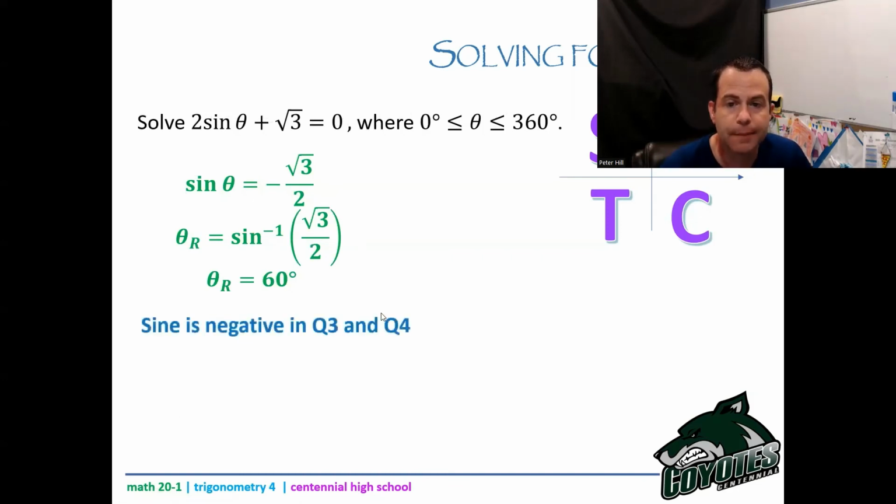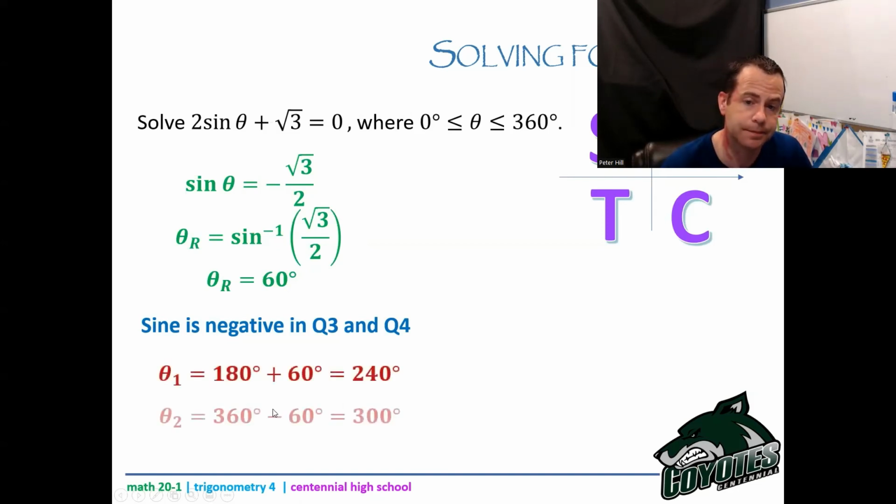So if I apply my reference angle to quadrant 3, that's going to be 180 plus my reference angle. And if I apply it to quadrant 4, that will be 360 minus my reference angle. Okay, so my two answers there are 240 degrees and 300 degrees.